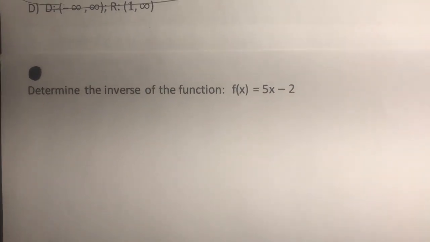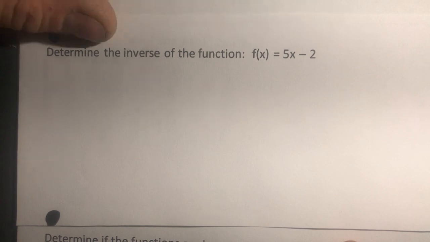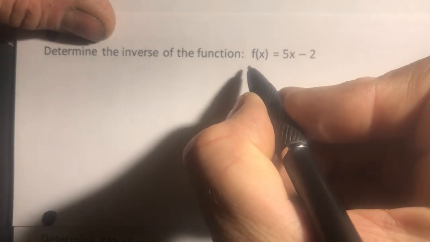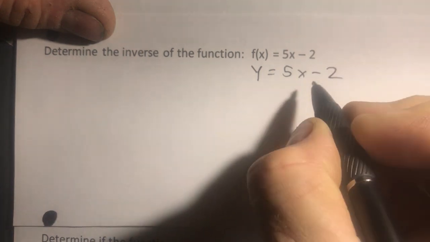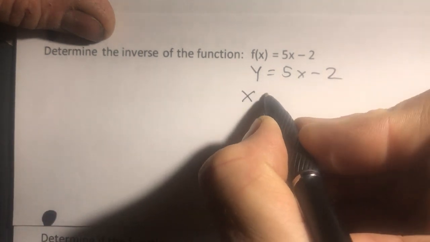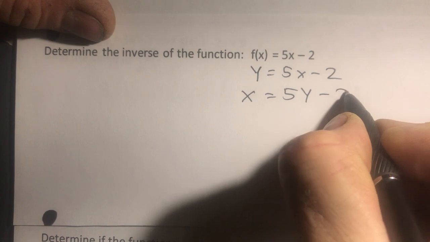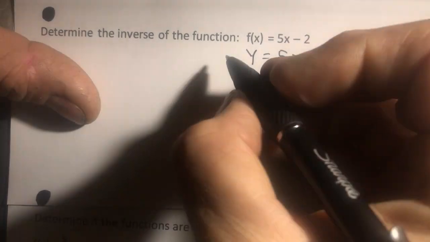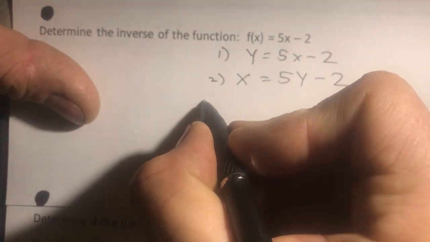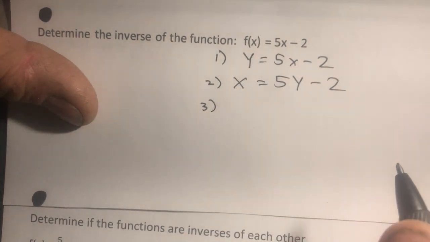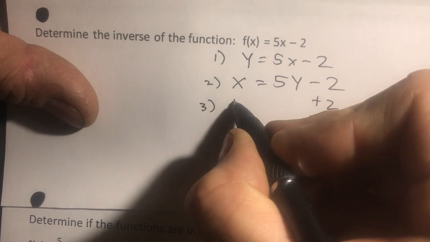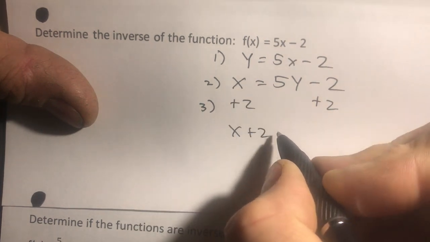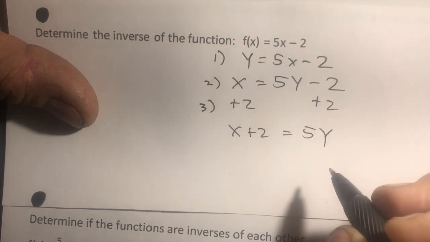All right, right here, determine the inverse. There are 4 steps. First, I change f(x) to y. Then I swap x and y. So this is step 1, this is step 2. Now step 3, I solve for y. When I solve for y, I need to add 2, which gives me x plus 2 equals 5y.